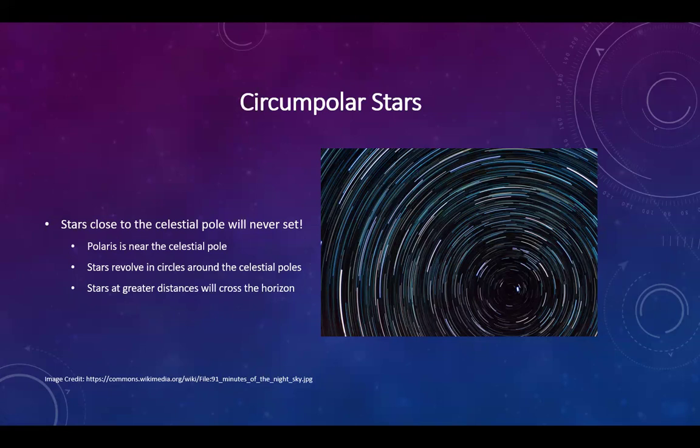So it's very close to the celestial pole, so it doesn't appear to rotate. This is a long-term exposure, so that's where these arcs come from. Stars will all revolve in circles around the celestial pole because the Earth is rotating. And stars at greater distances will cross the horizon. Stars close to the celestial pole won't.